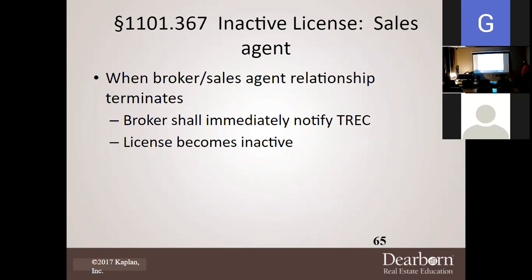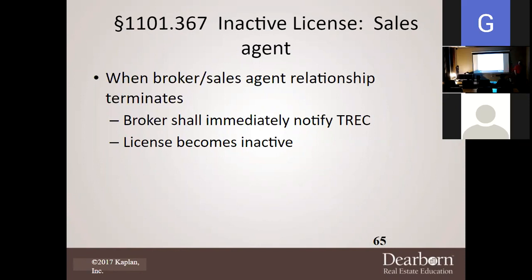Okay. What if you're in the middle of a contract and your broker terminates you? Where does it go? It goes back to the broker. Okay. So once you're terminated, the broker shall immediately notify TREC and your license becomes inactive at that moment.